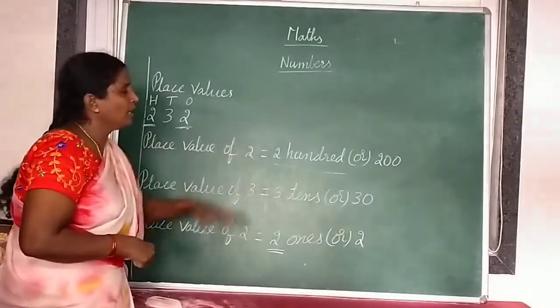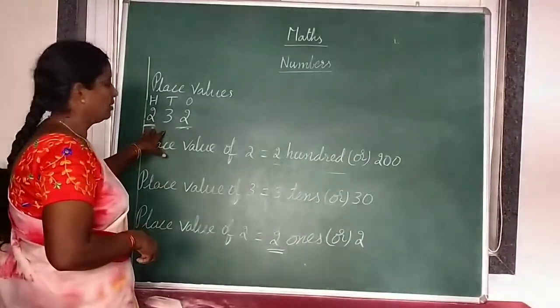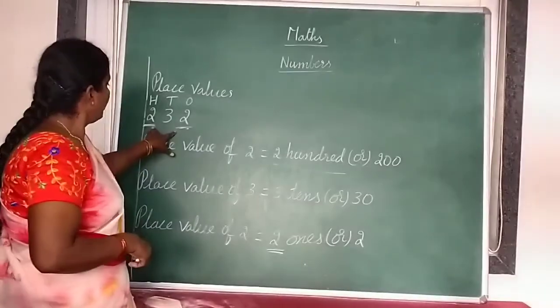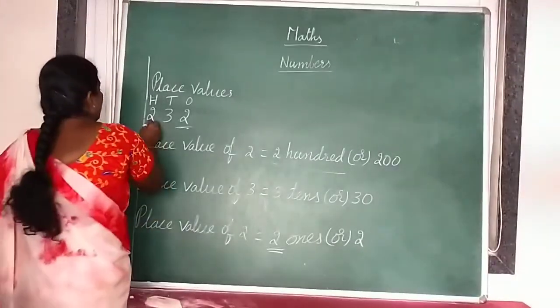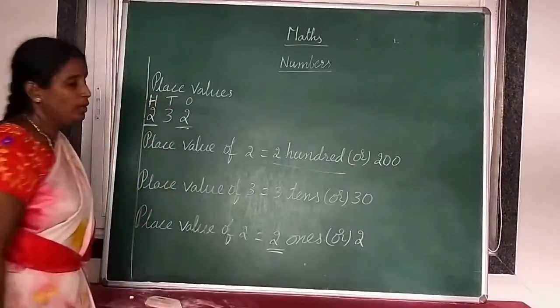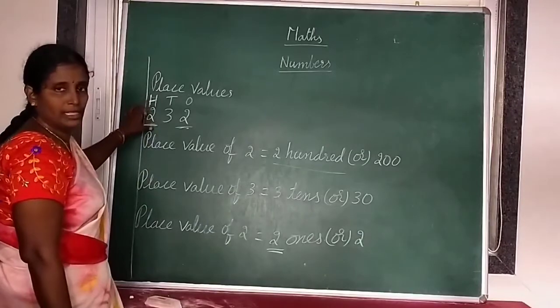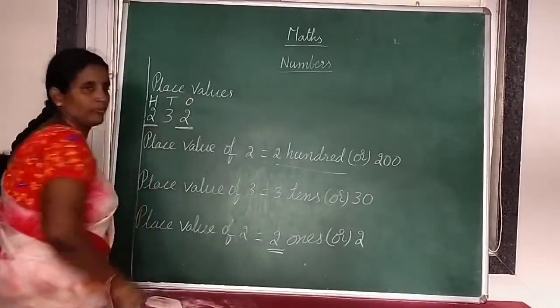Why are the place values different? Can you answer? Yes, good. Because here 2 is in hundreds place, and here 2 is in ones place.